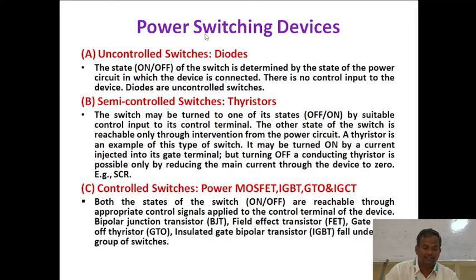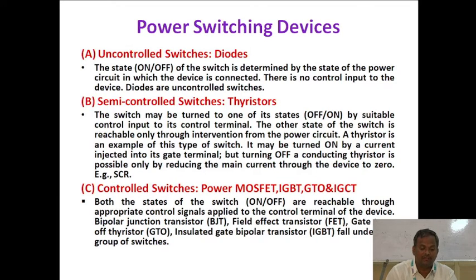Once again, the power switching devices are of three types. Uncontrolled switches, that means there is no control input to the device. The best example is the diode. Next, the second one is the semi-controlled switches. The best example is the thyristors, because to turn on the thyristor we need the gate pulse. For turn off there is no need of any gate pulse.